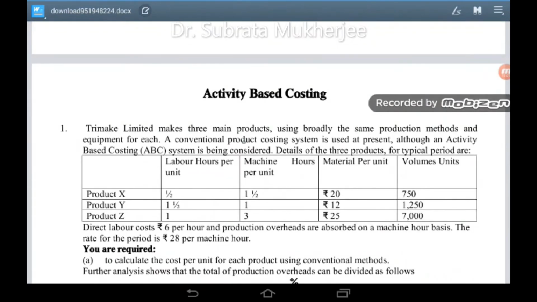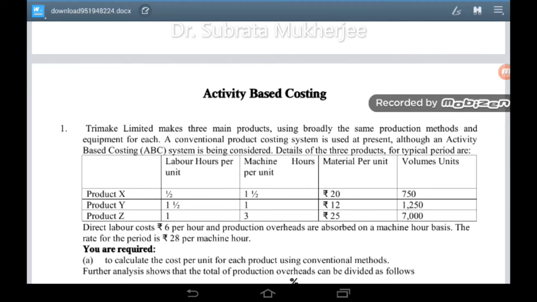Limited makes 3 main products using broadly the same production methods and equipment for each. A conventional product costing system is used at present, although an activity-based costing system is being considered. Details of the 3 products for a typical period are: Product X, half hour of labor, 1.5 hours of machine, rupees 20 material per unit and 750 units of production.